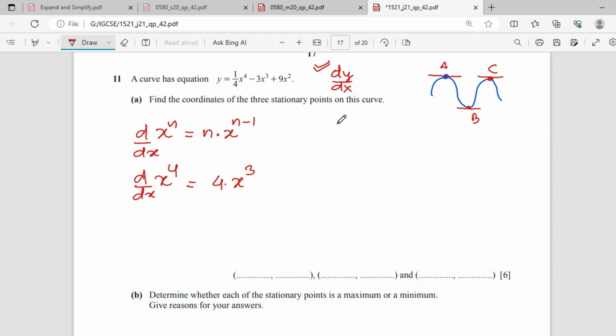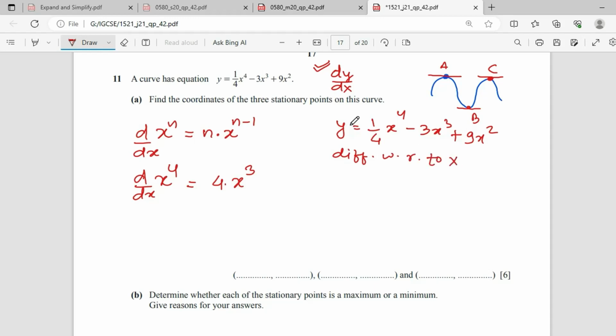So y is equal to 1 upon 4 x raised to the power 4 minus 3x cube plus 9x squared. First step, differentiate with respect to x.